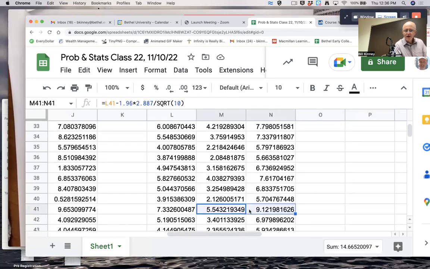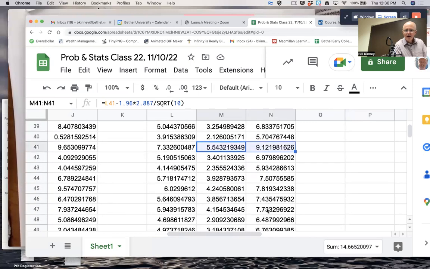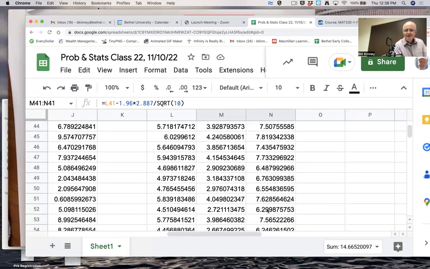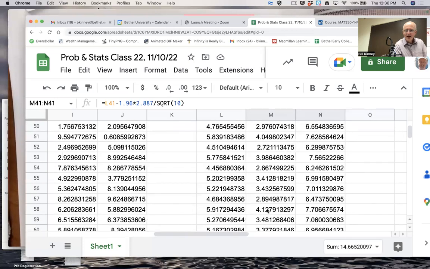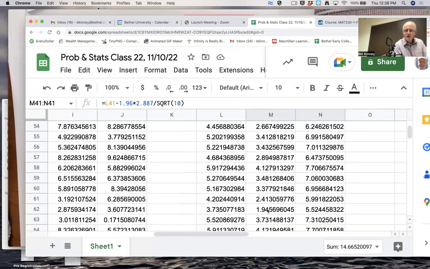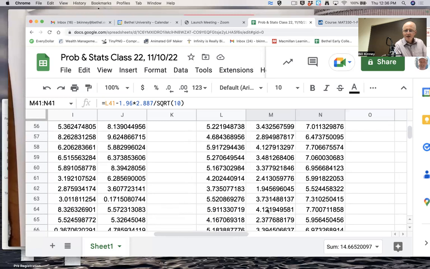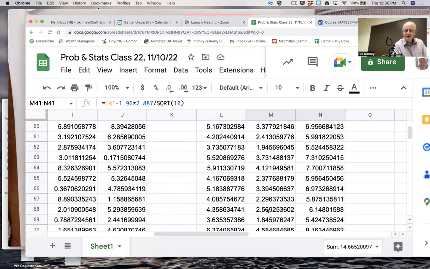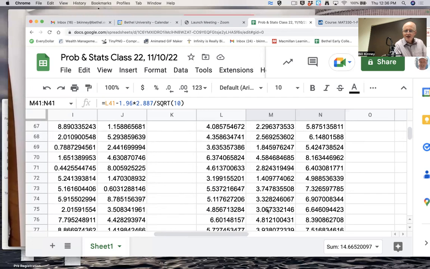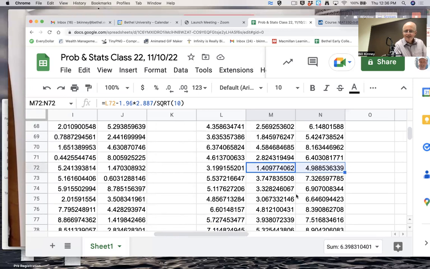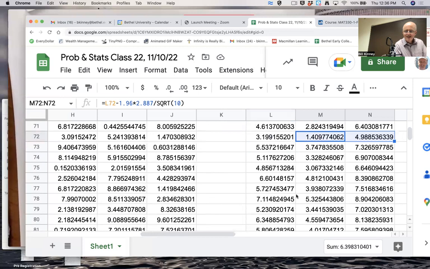There's a third one. Oh, sorry. My scrolling is not doing so hot here. So we're up to 3 of them that do not contain 5. I think, oh, there's a 4th one, just barely. There's a 5th one right there.